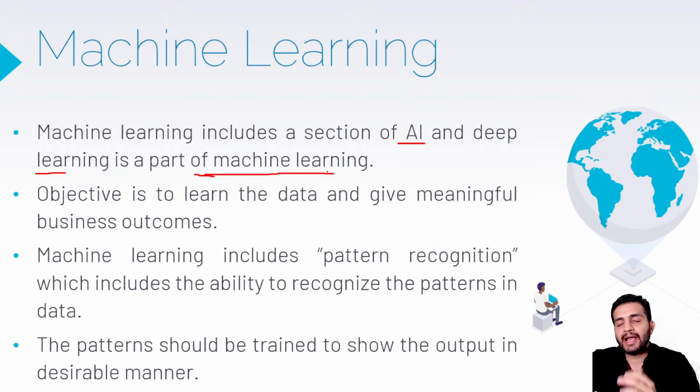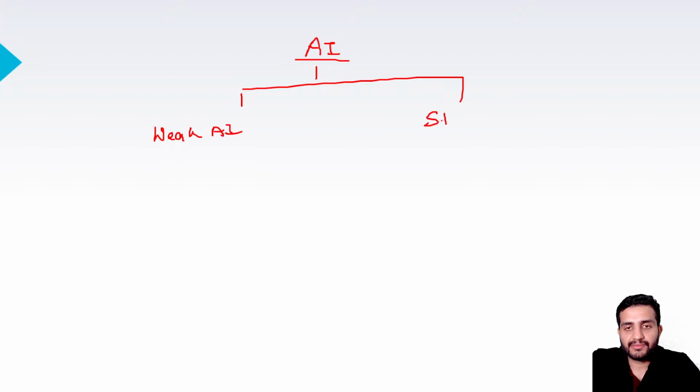So what do I mean by that? If you remember, what did I say? Artificial intelligence has two subtypes, which are weak AI and strong AI.